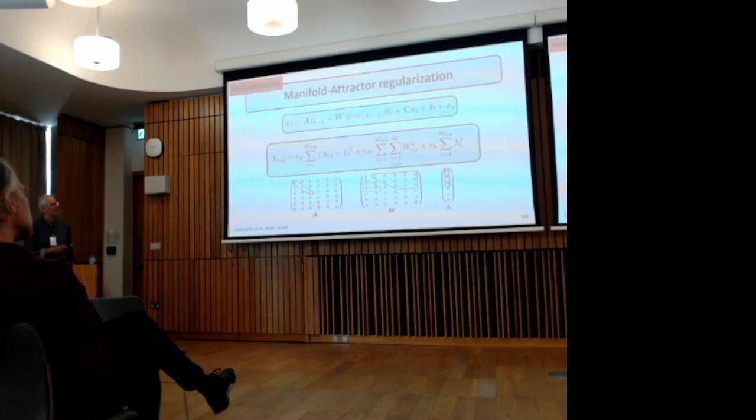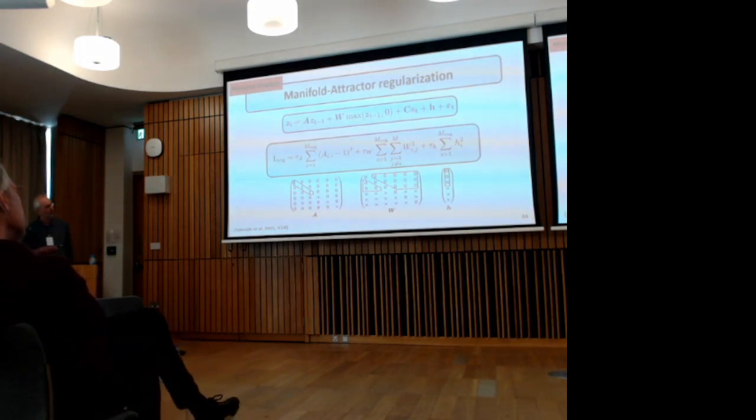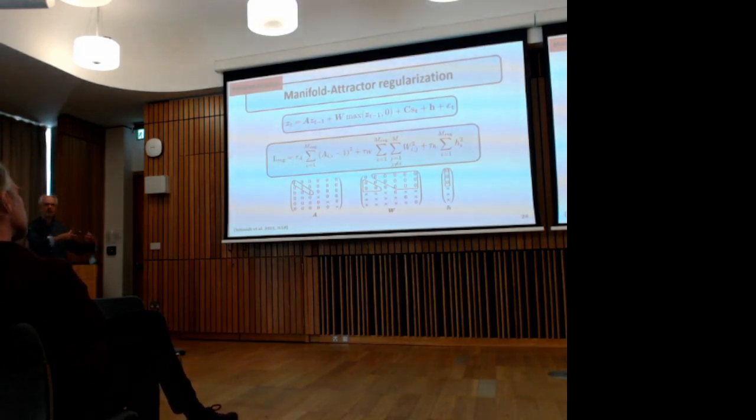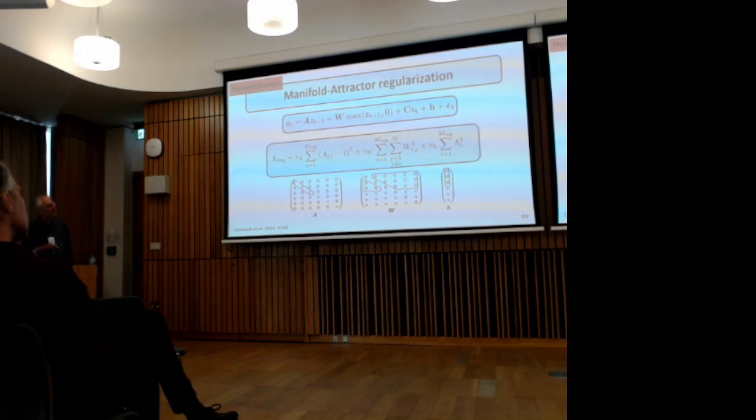We'll keep the simple piecewise linear form of our system, but we define a regularization term which pushes the system in a subspace to the line attractor configuration. So basically, we'll just push part of the system toward the identity.